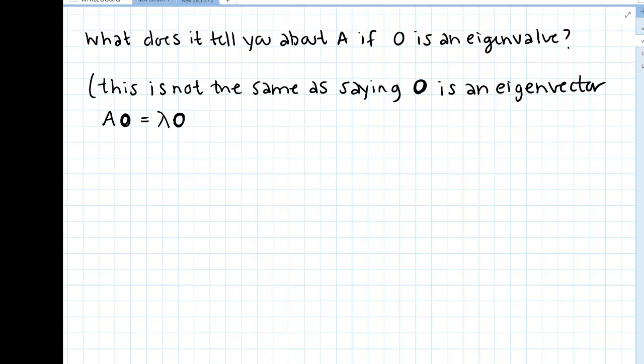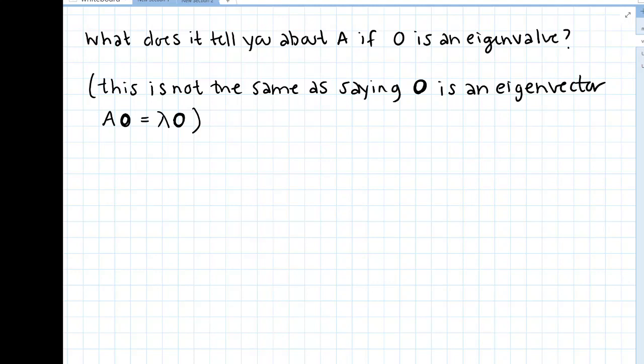When we're looking for eigenvectors, we're looking for things that are specific to that matrix. Saying that this equation is true for the 0 vector isn't telling you anything about the matrix, because it's always true. So in general, when we say eigenvector, we always mean non-zero vectors. This is different though. So what is this saying?